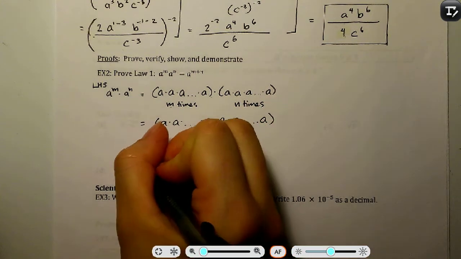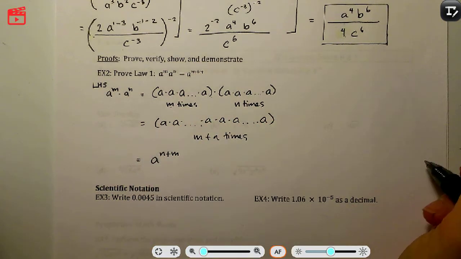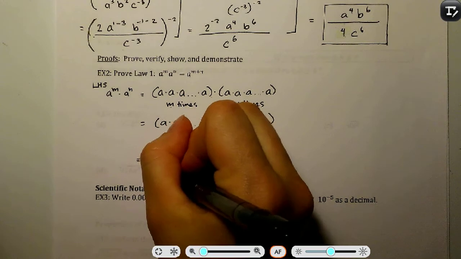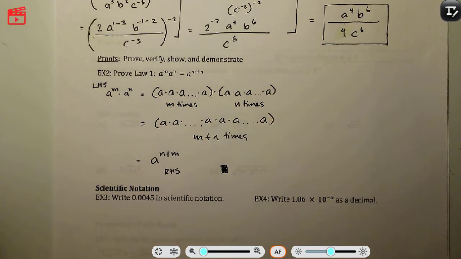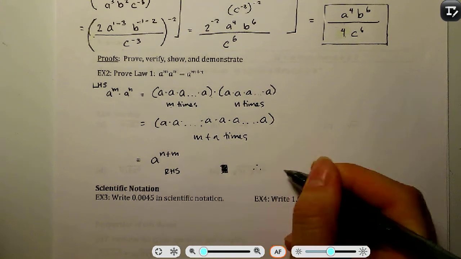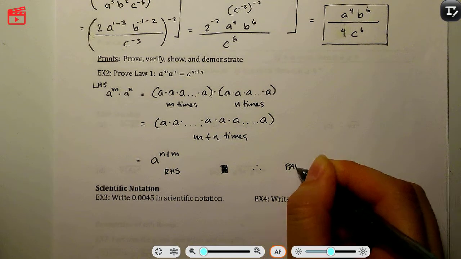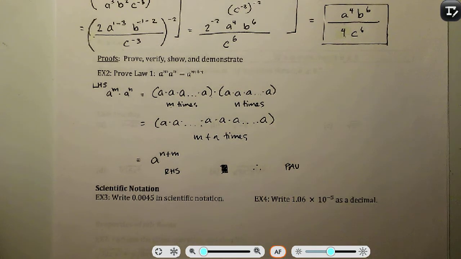And rewriting that, we can say we have a to the m plus n. And there we go. This is the right-hand side. So my proof is done. And we fill in the little box there. Some people like to do the box, some people do the little 3 dots, or some people use QED. Up to you to indicate when you have finished your proof.